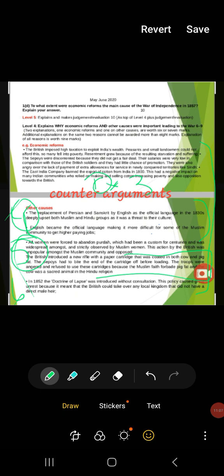You see, a number of arguments are given here, which shows that sufficient arguments are given by the student in order to secure maximum marks, because the criteria is total 4 arguments along with the counter argument.